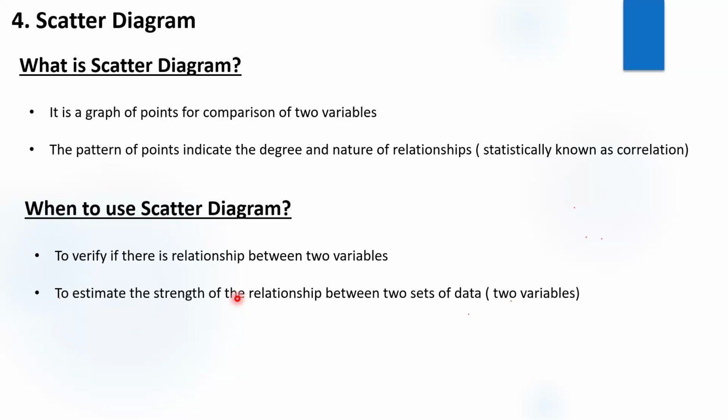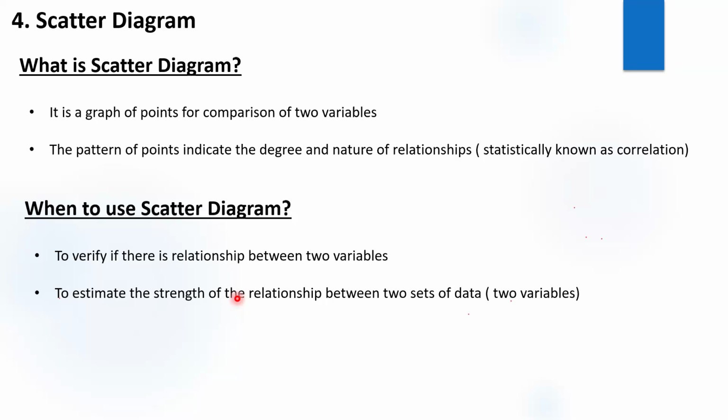When to use a scatter diagram? We can use it to check the relationship between two variables and to estimate the strength of the relationship between two data. If the temperature of the city is increasing, is the sale of ice cream increasing or decreasing, and what is the relation between them? And when the temperature is increasing, is the sale of tea increasing or decreasing?